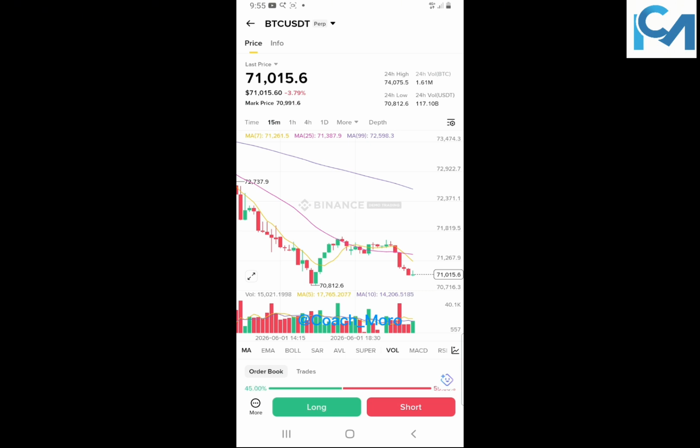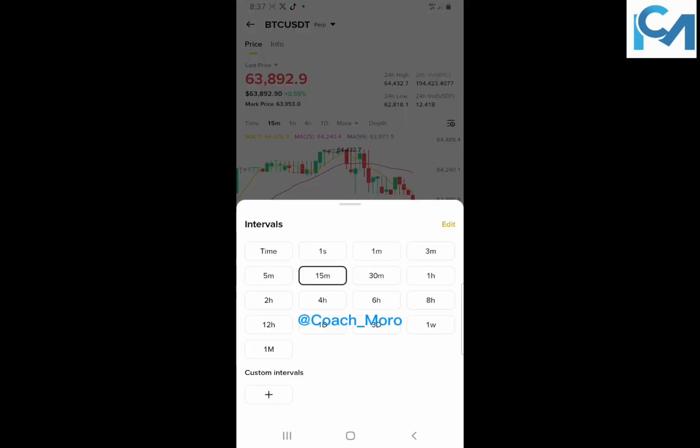So anything red here represents selling and anything green here represents buying, so take note of that. Right now let me choose 1 second interval.